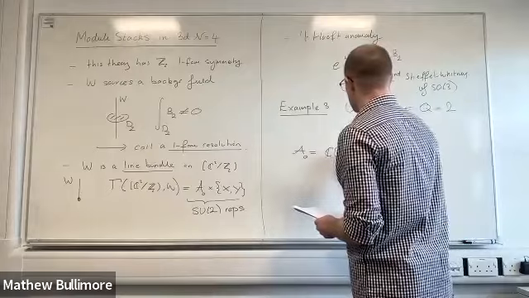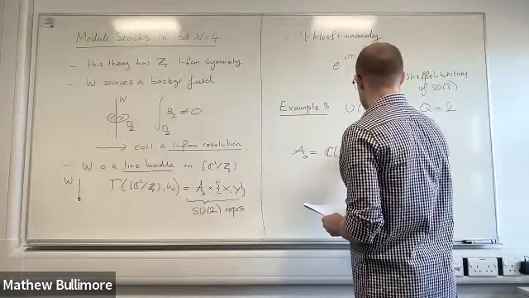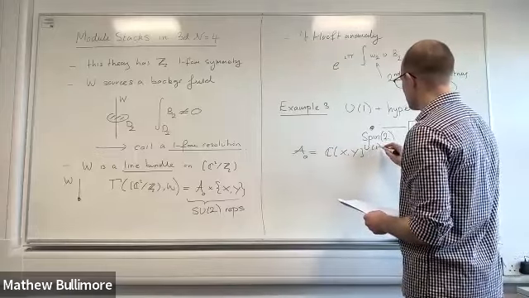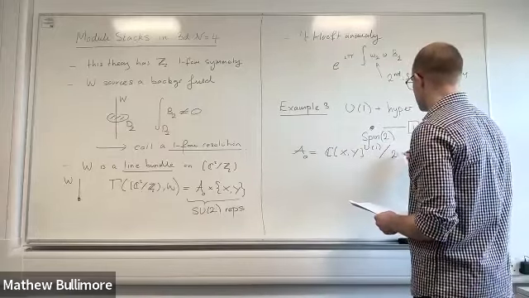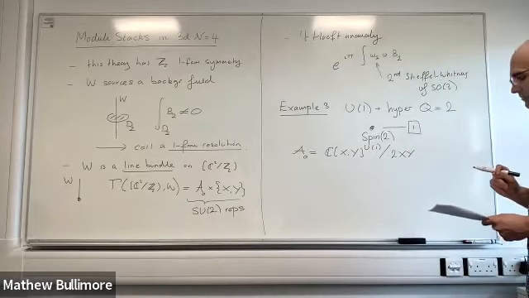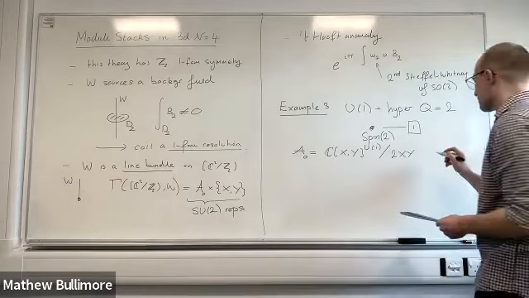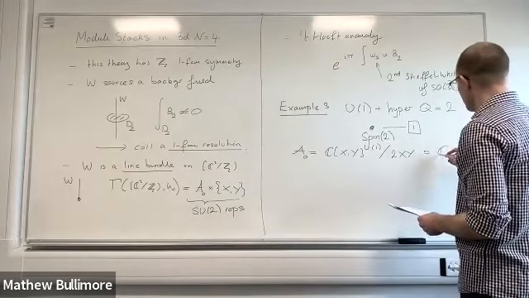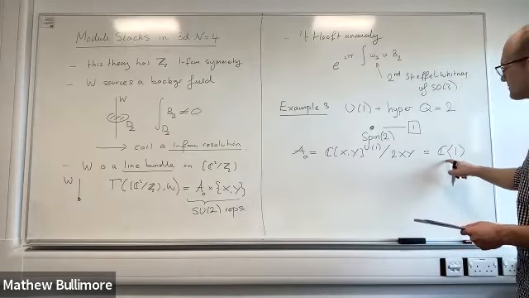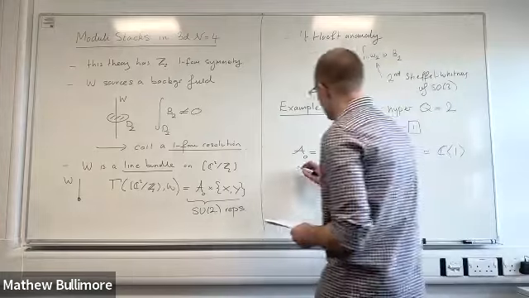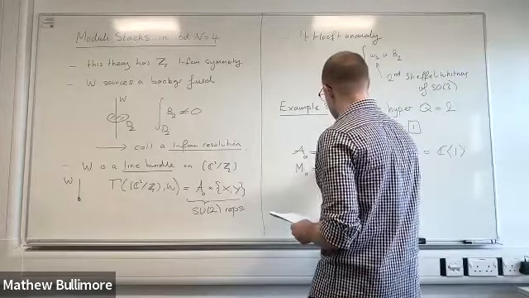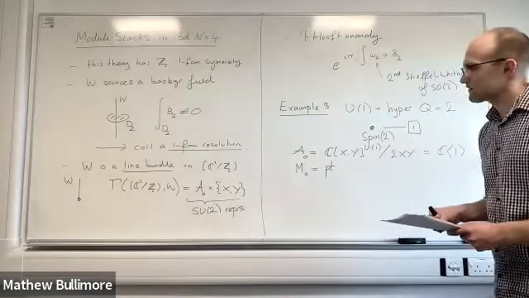In particular, I take polynomials in X and Y. Now I have a U1 gauge theory, so I need to pass to U1 invariance, and I need to also quotient out by the complex moment map. And there aren't many operators left when you do this. You just get the identity operator. So it's just C. Correspondingly, the moduli space is just a point. The Higgs branch is a point.